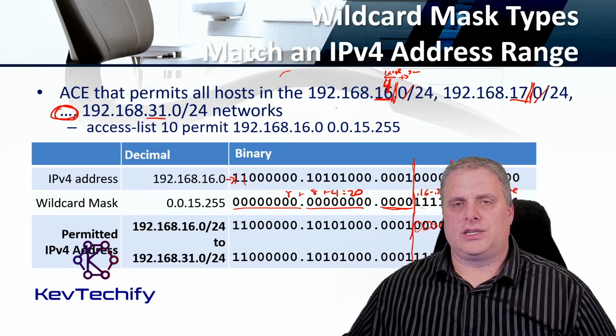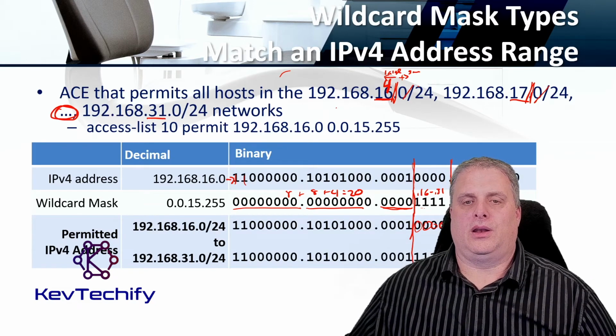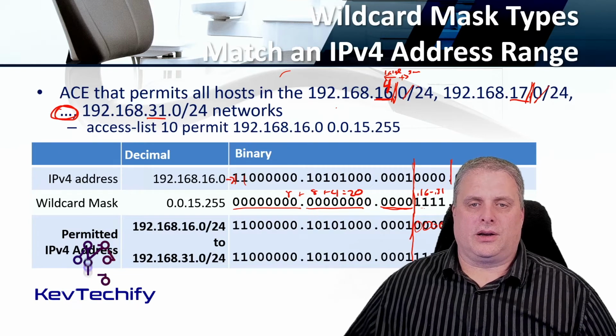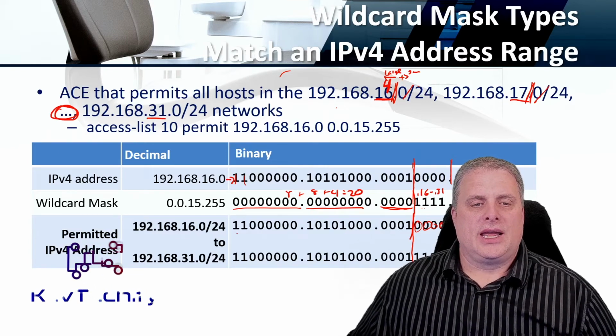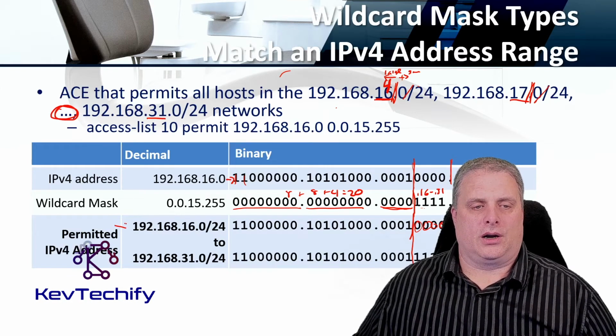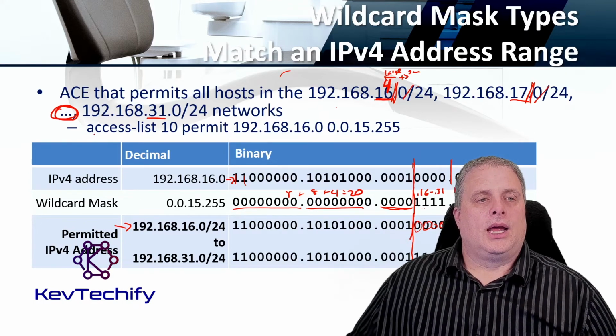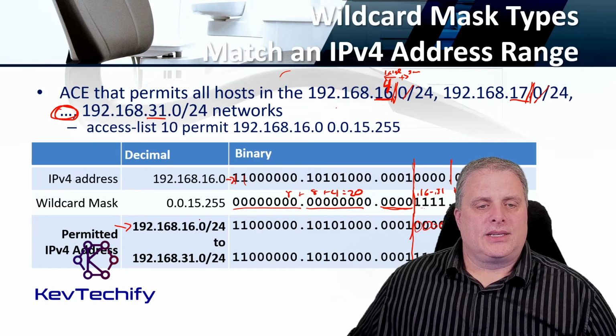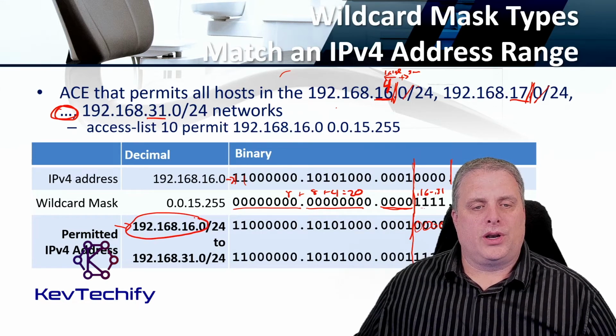Now, the trick here is how do we write that out in binary, or sorry, as our network address? You take the first network here that we've calculated out, and that is the number we put in our access control list.